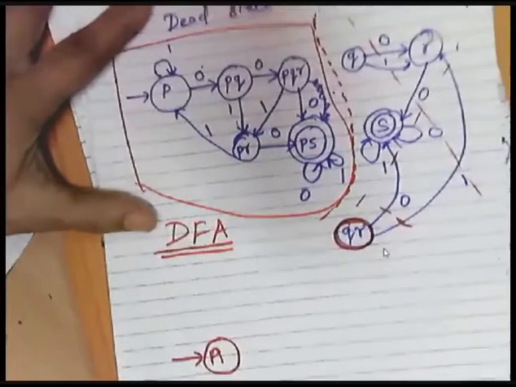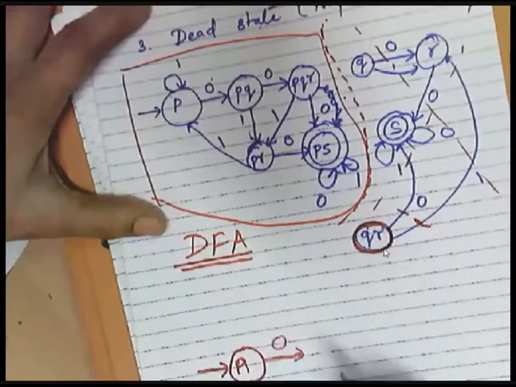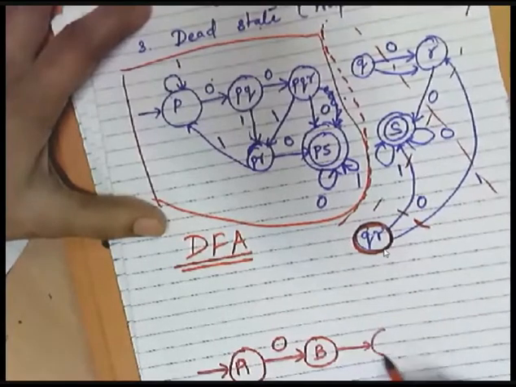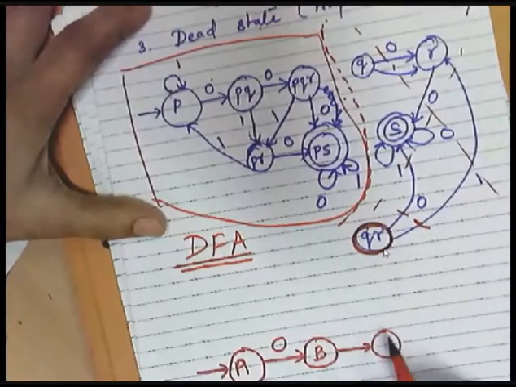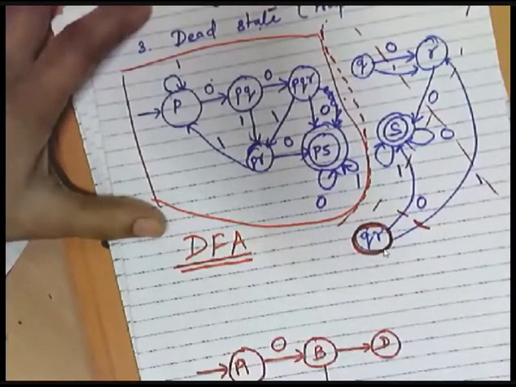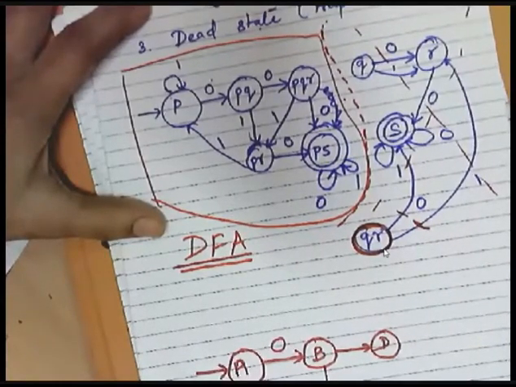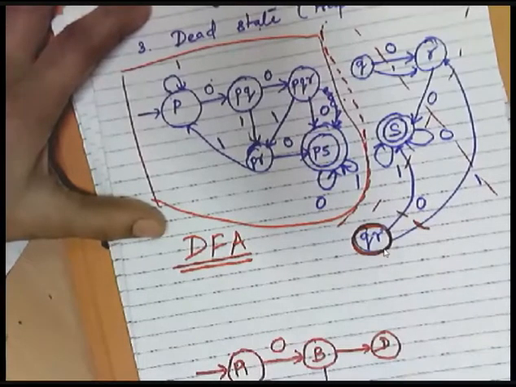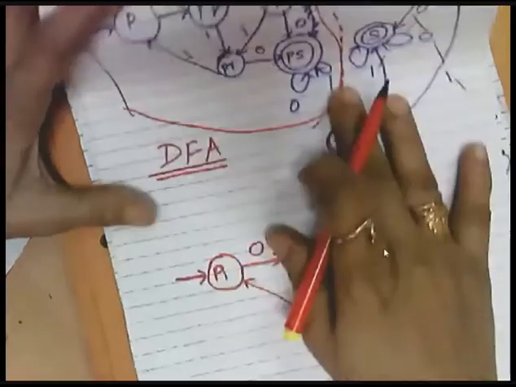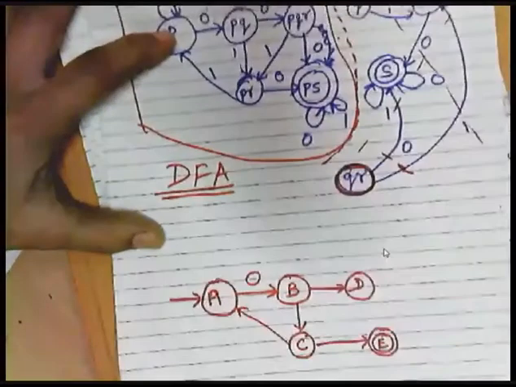Now I am naming the P state as A state 0, PQ is nominated as B, then PQR is nominated as D, this is nominated as C, and then the state E. So we have 5 states now, A, B, C, D, E. Now we will show the same transitions as we have written in the earlier diagram, right?